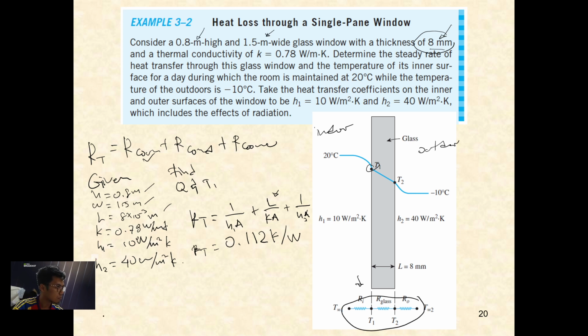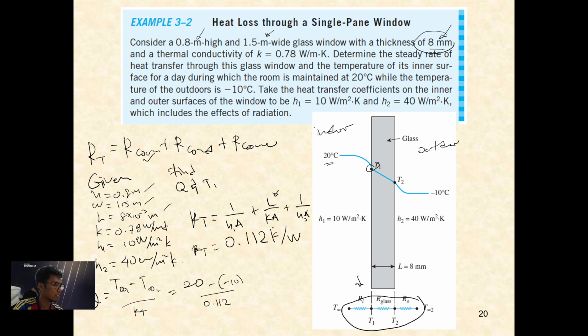Then you apply a basic formula: Q equals T highest, which in our case is 20, minus T lowest, divided by R total. 20 minus 10, R total 0.112.